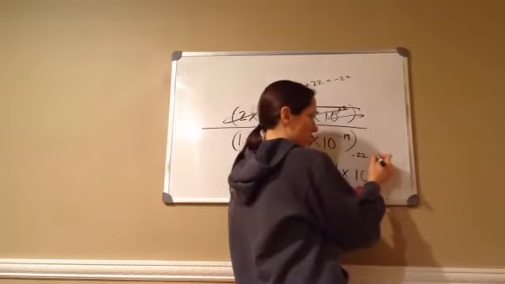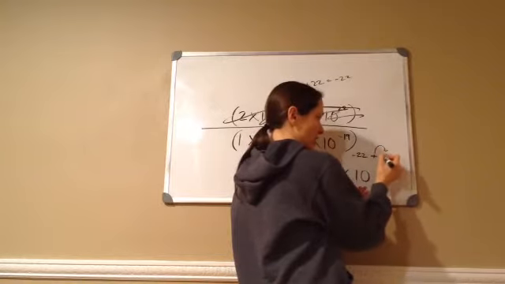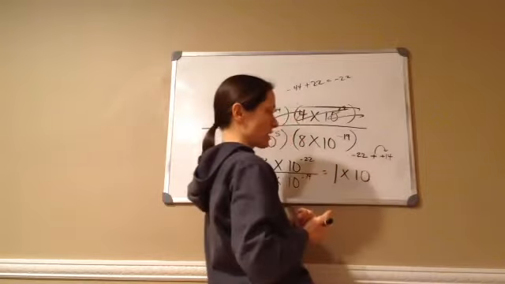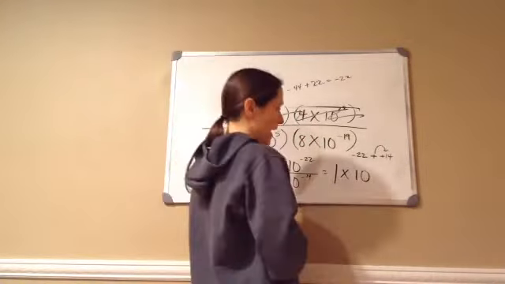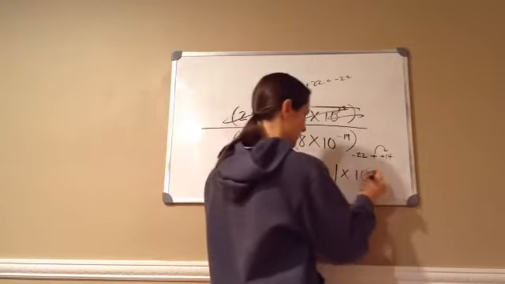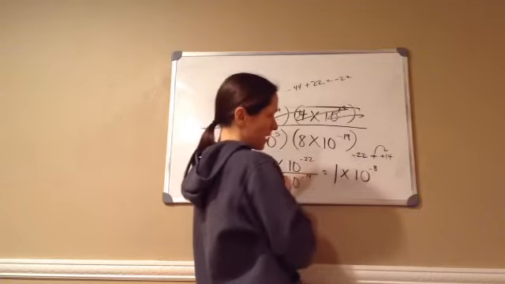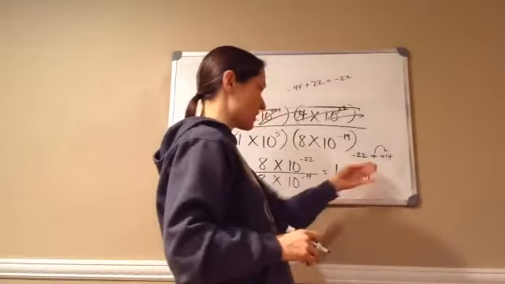So negative 22, and I'm going to change this minus sign to a plus, and when I do that, I change the sign to the right. So this is negative 22 plus a positive 14. So that's going to give me negative 8, because I want to take the sign of the biggest number. Alright? And so negative 8 would be that answer. So, final answer is 1 times 10 to the negative 8th power. And that is lesson 8.